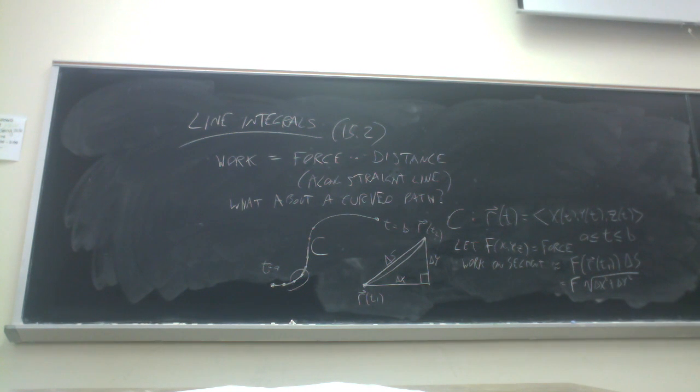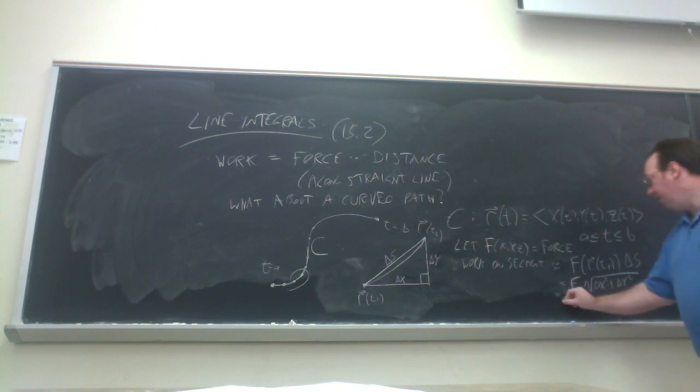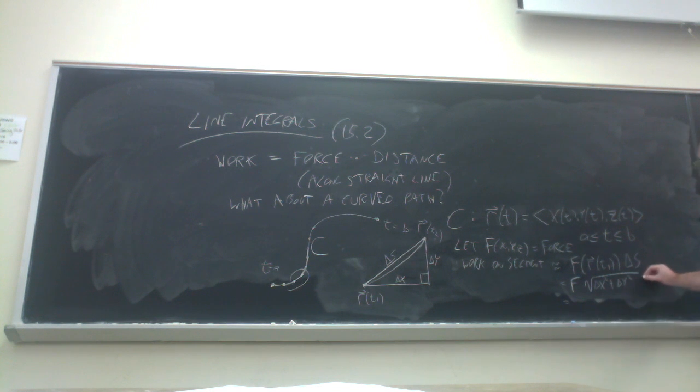And now what I can do is, if I multiply and divide by delta t. Now, the delta t in the denominator, I'm going to move inside the radical. That's going to make it delta t squared.